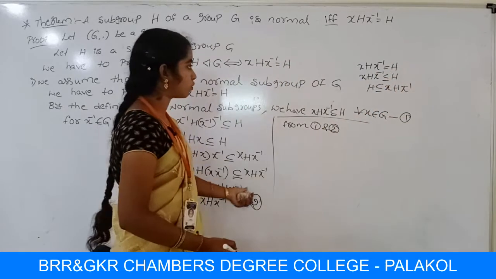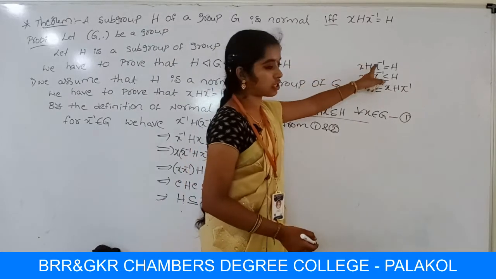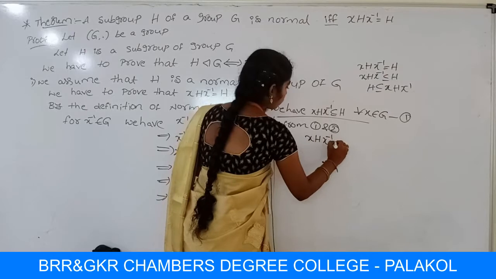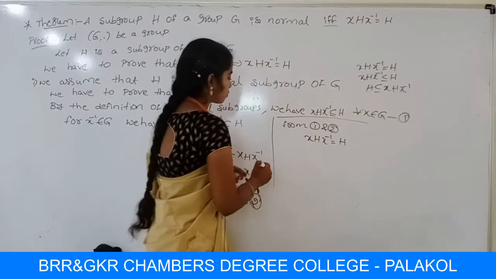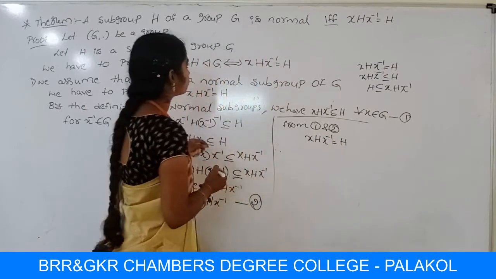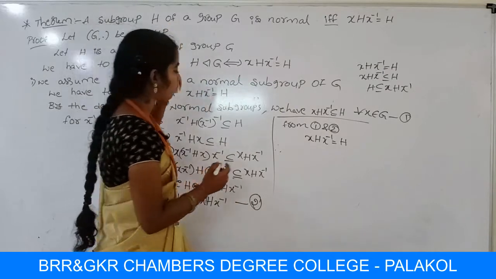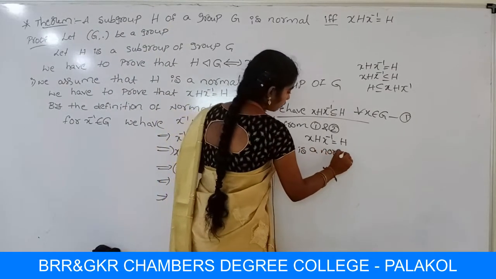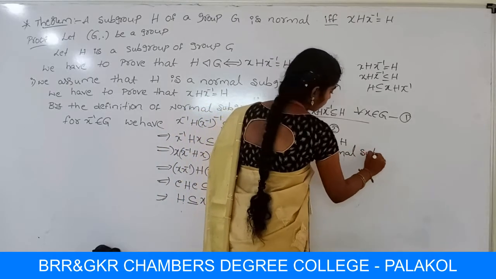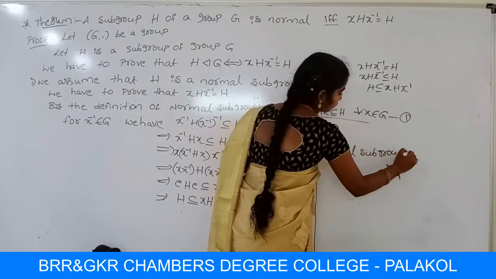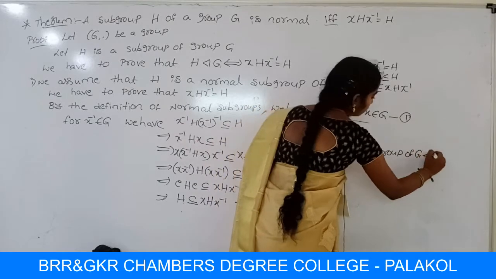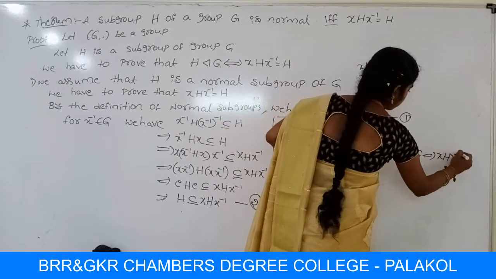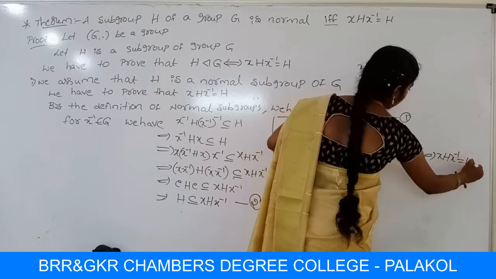So from 1 and 2 can be written as XH X inverse equal to H. So therefore H is a normal subgroup of Z. That implies we have to prove that finally XH X inverse equal to H.